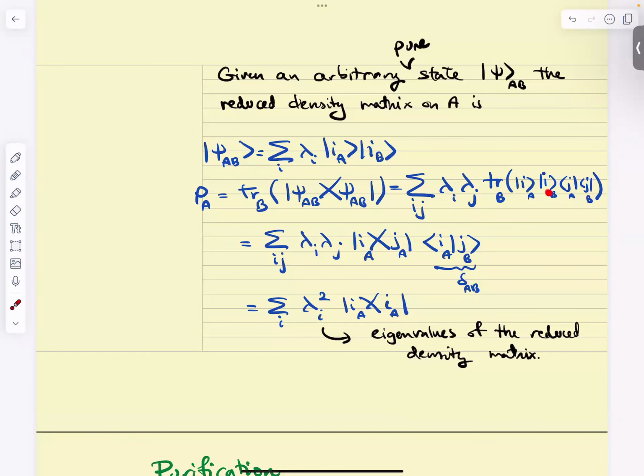It just takes the B elements and flips them. So you end up with sum over ij, lambda_i lambda_j, |i_A><j_A|, <j_B|i_B>. But this is an orthonormal basis, so it's just a Kronecker delta. So you end up with this form. What did Schmidt decomposition do? It diagonalized your reduced density matrix. That's what it did.